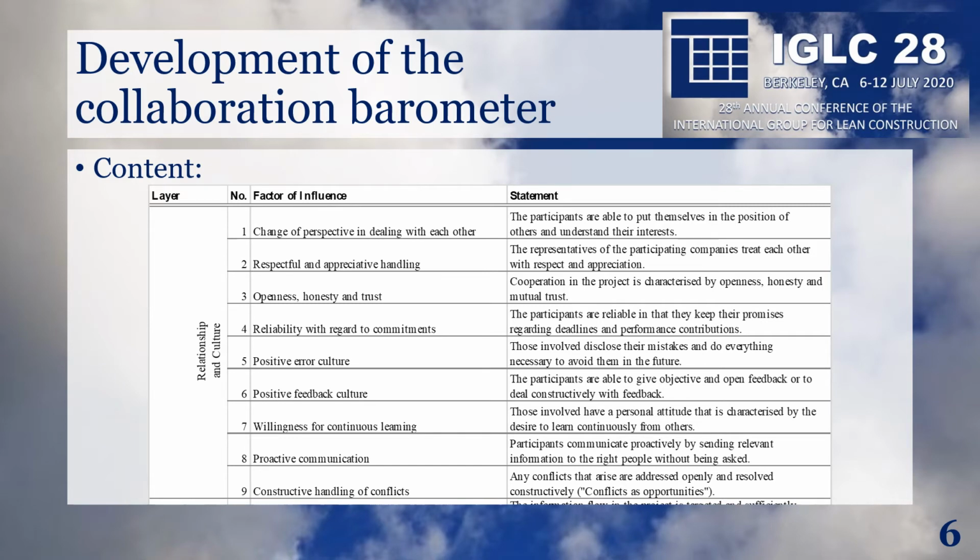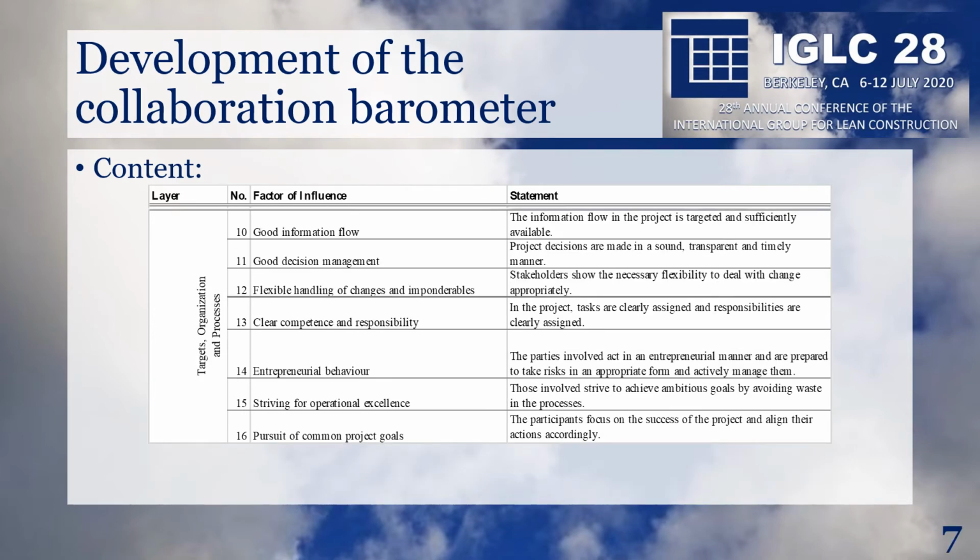The collaboration barometer contains statements on factors influencing collaboration, as you can see in this figure. Statements are formulated so that those taking part in the survey can easily make an assessment of the respective factor. The influencing factors are divided into two areas, as shown in this figure. The first area comprises the influencing factors that address in particular the relationship and culture.